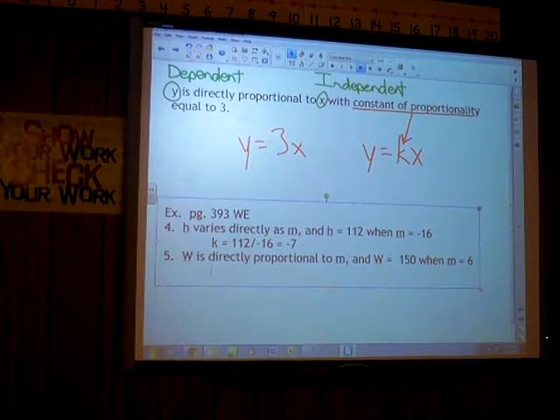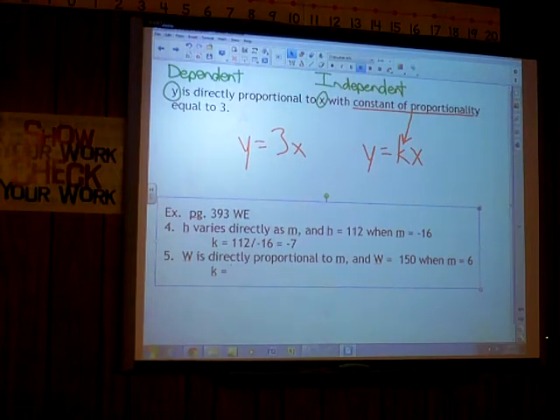How about number 5? W is directly proportional to m. What's our dependent variable? Jacob? W. W is directly proportional to the independent variable m.